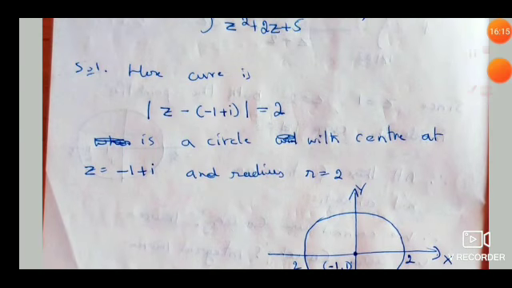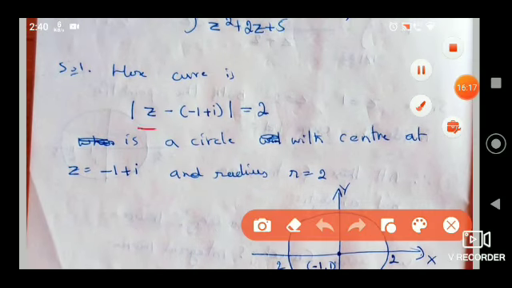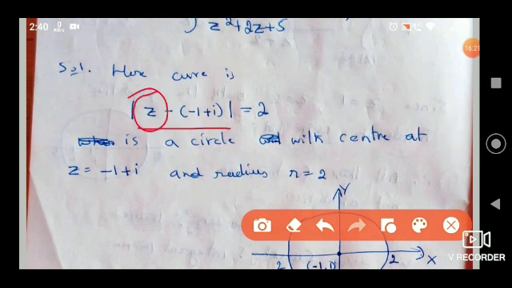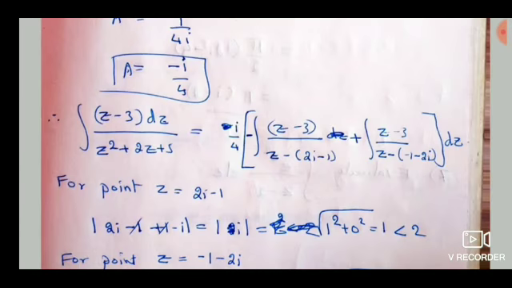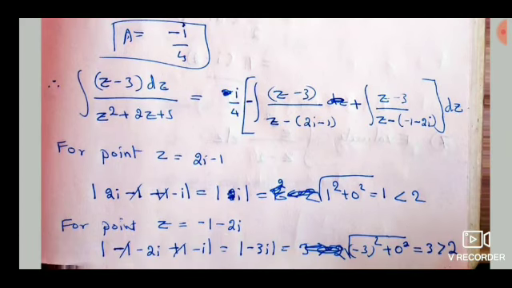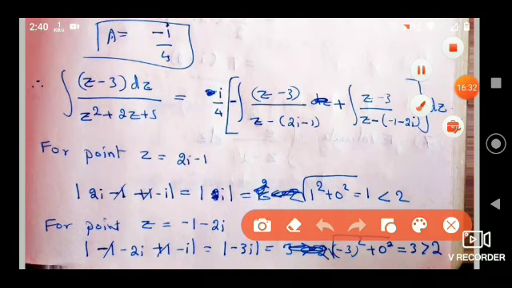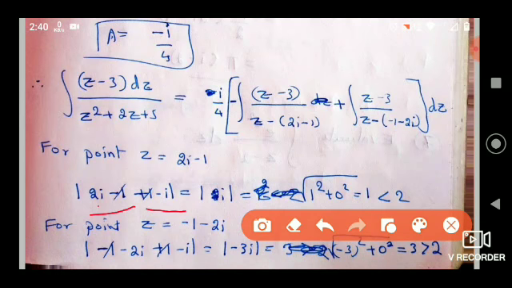You can see here we have z minus of minus 1 plus i. Instead of this z, I will substitute the value which is needed here, this point 2i minus 1, and I will check whether this is less than the radius. So I substituted 2i minus 1 and plus 1 minus i was there.